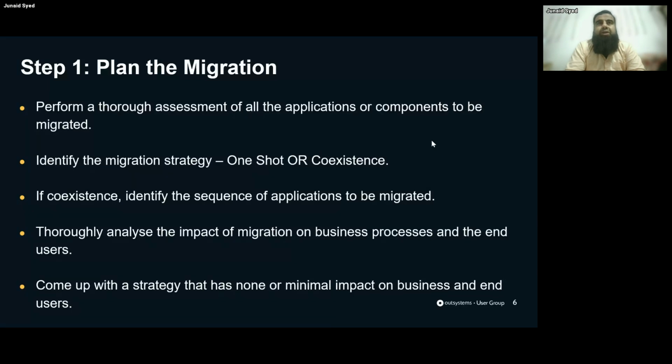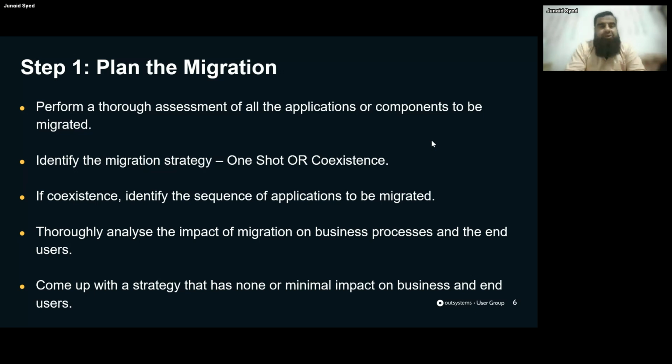But other than that, there are a lot of differences, and that is quite obvious because we are moving to a pure cloud native infrastructure, which has different programming methodology, different concepts. So obviously, OutSystems applications need to adapt all those trending technologies in the underlying architecture and the concepts. So planning the migration is the most important part of this move from O11 to ODC.